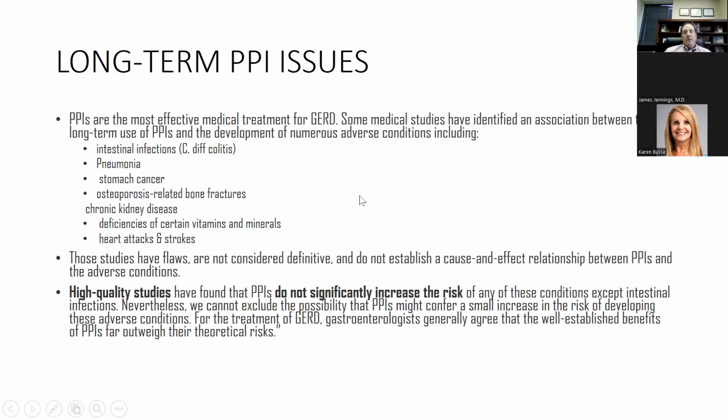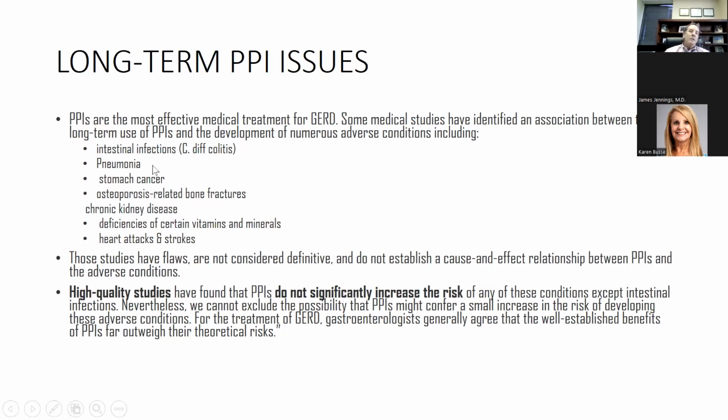Because there have been so many studies that have come out suggesting the danger of PPI medications, some of the things that have been studied are intestinal infections and C. diff colitis. This actually is one of the biggest warnings, that if you have a patient with chronic refractory C. diff colitis, PPI must be stopped in those patients.